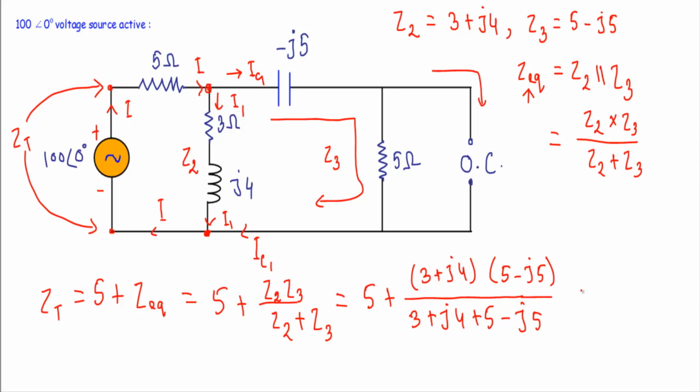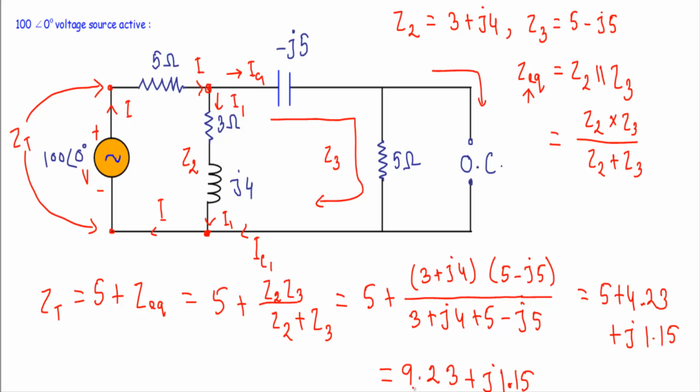This will be equal to 5 plus 4.23 plus J1.15. So the total impedance with respect to the two terminals in which our source is connected will be 9.23 plus J1.15.